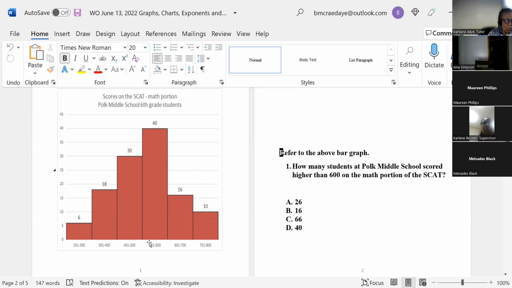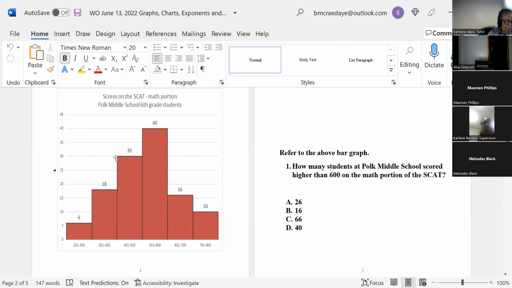No. Here's the range right here, Alva. What number do you see at the top of that bar? 40. That's right. That's the number of students that scored within this range. You see that 40? If you take that 40 all the way to the Y line, you see the 40, right? Yes, 40 matches up.